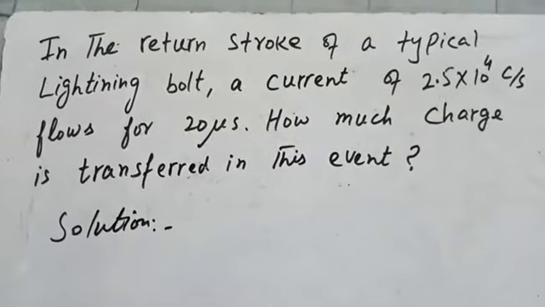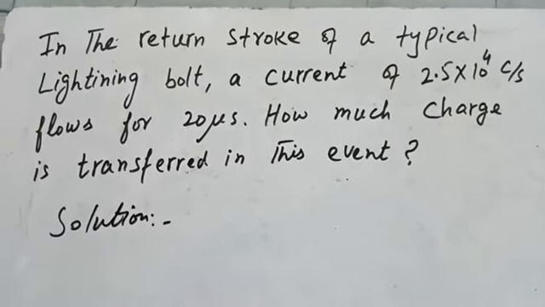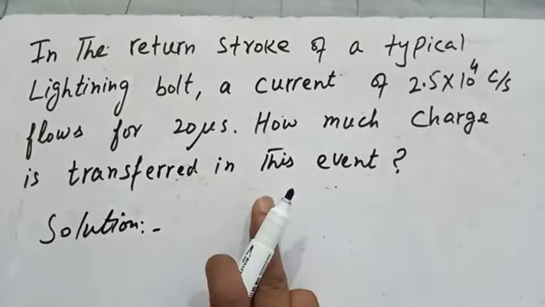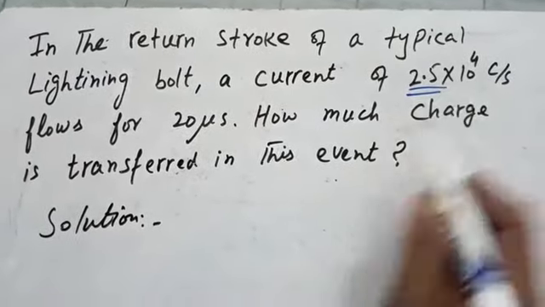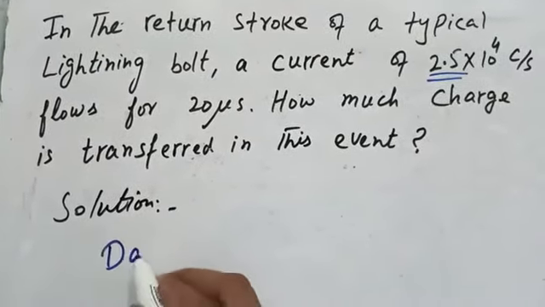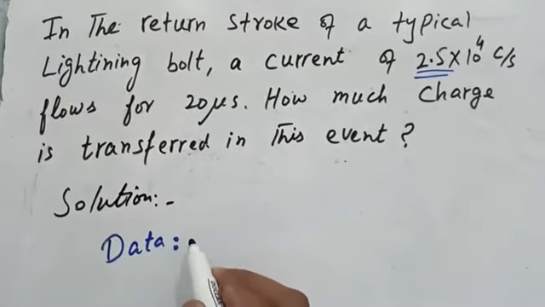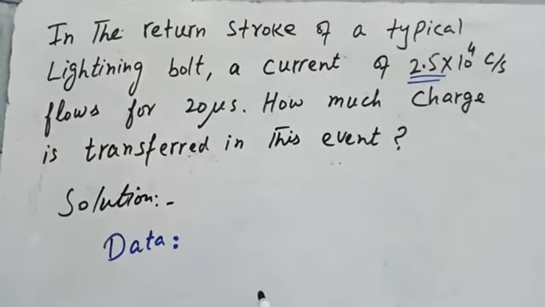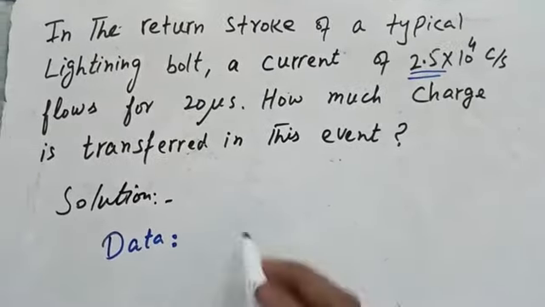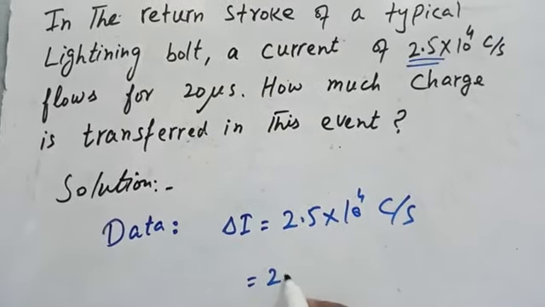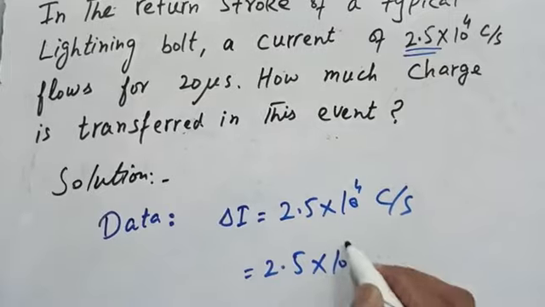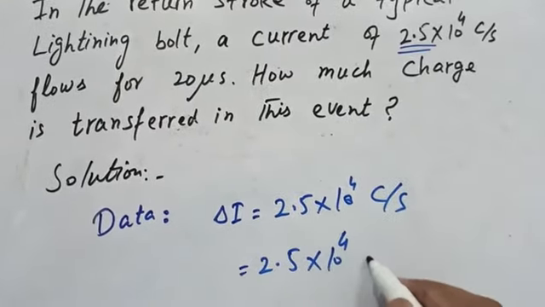According to this statement, we have to calculate the amount of charge that causes a current of this amount. So we note the given data in this statement. The amount of current is given as 2.5 × 10^4 amperes.